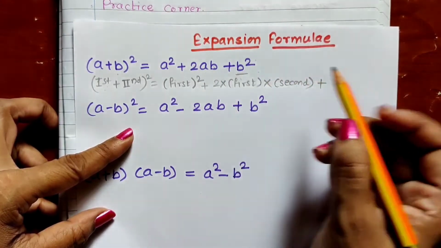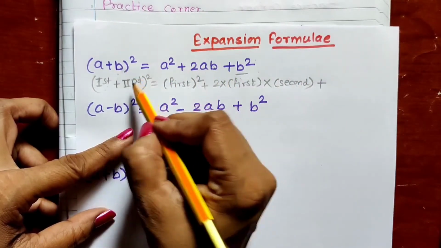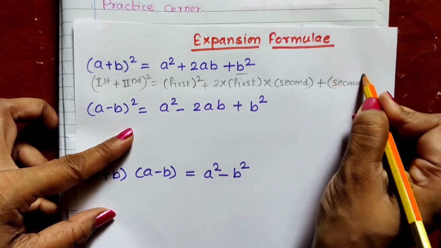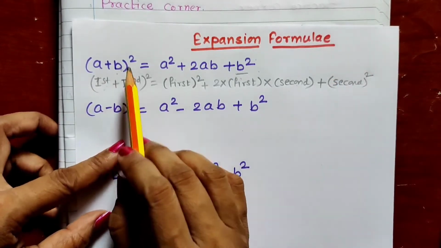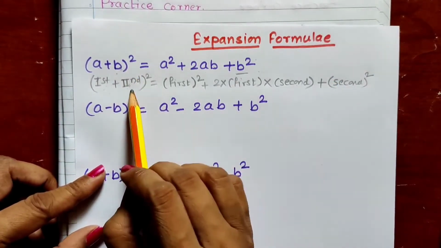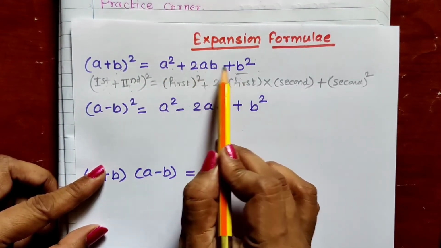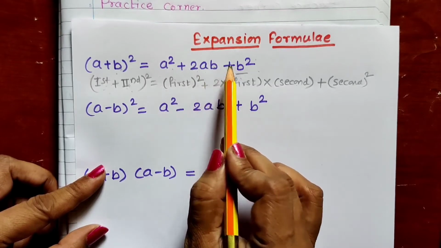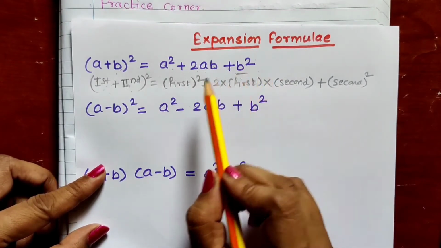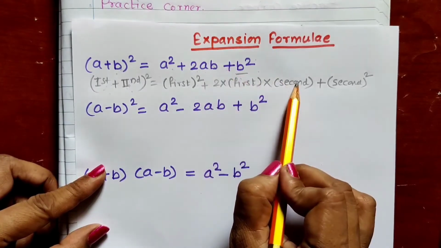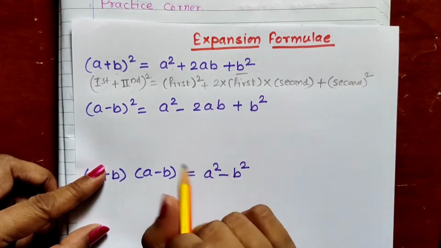It is b square. b square means b is the second term, so second term square. In this way we have to expand the given binomial when it is in the square form.